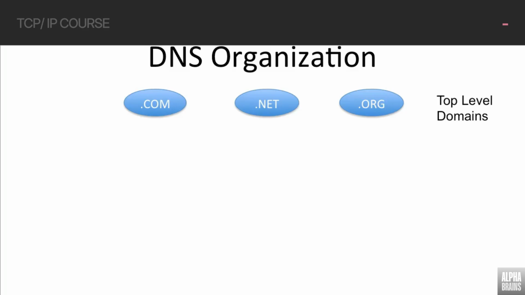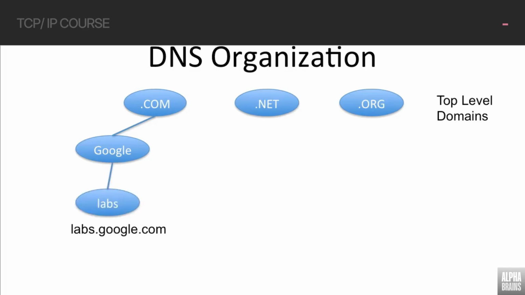There are really a set of DNS servers that actually store information about all of the different entries in these different top-level domains. So for example, we've got Google here. If I wanted to find some information about one of the host names at Google, let's just say that we had another domain that was labs.google.com, and what I was really looking for was the host www.labs.google.com.